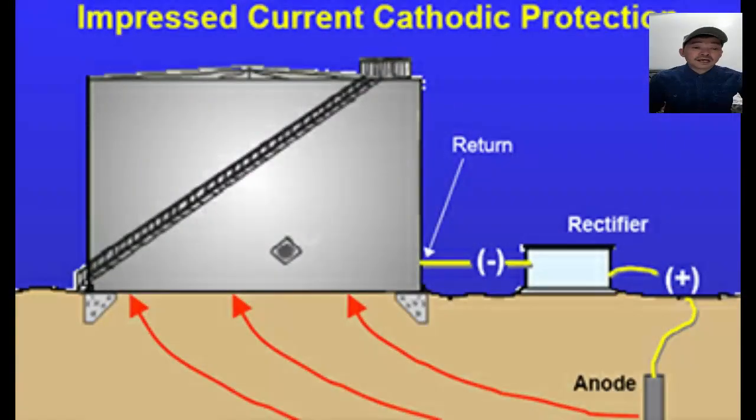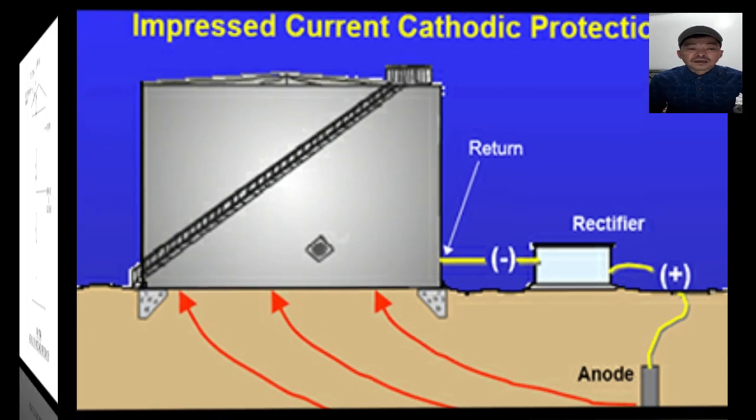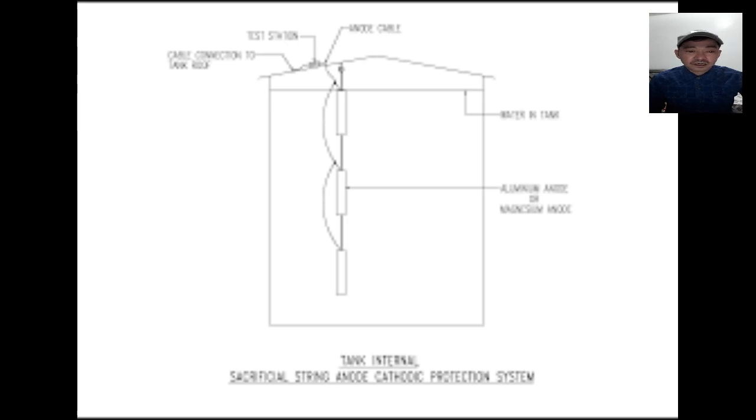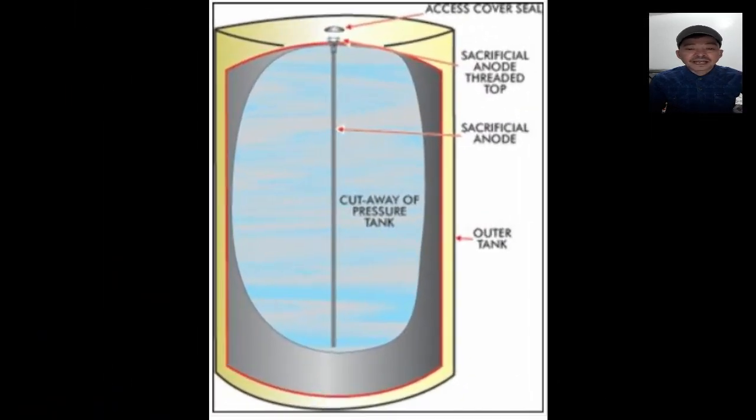We will go on with the installation. The installation of cathodic protection for storage tanks differs by design. In some designs, they use suspended anodes, where anodes are placed hanging or suspended inside the tanks.